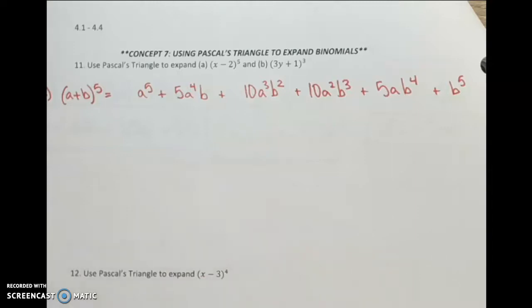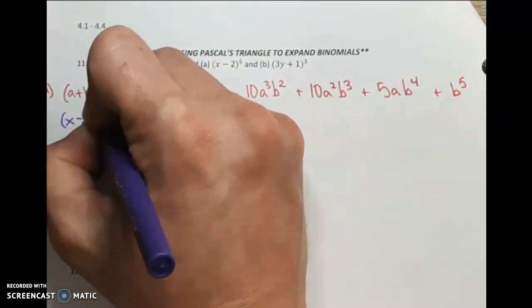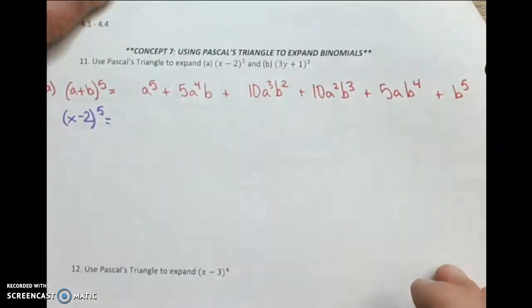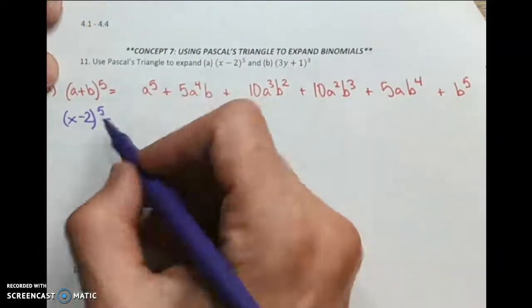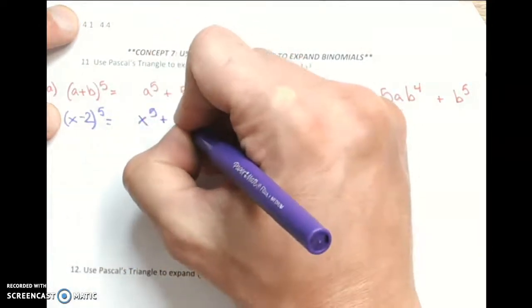Okay, so anyway, I'll now take the number of x minus 2 to the 5th power and expand that. And I'm basically just doing the exact same thing. I'm taking my a term, x to the 5th power, plus 5.